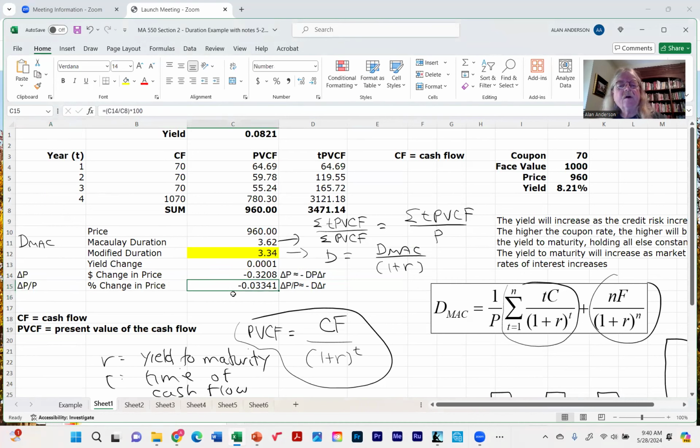So if you notice, it's negative 0.0003341. Well, the duration is 3.34. And so this is more or less exactly what we would have expected. This is the percentage change in the bond's price when the yield changes by 1%. So if I change it by 1/100th of a percent, then the price change should be 1/100th of this modified duration. And that's more or less exactly what we see here. In fact, it's almost perfect.